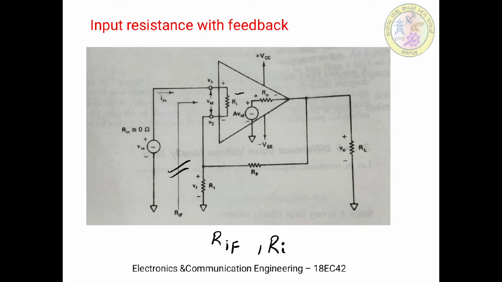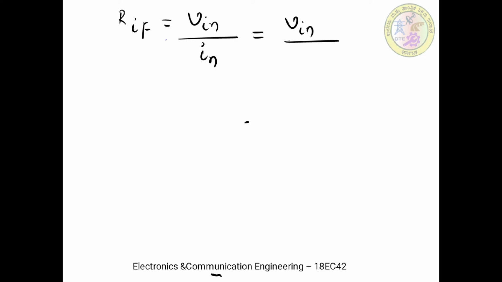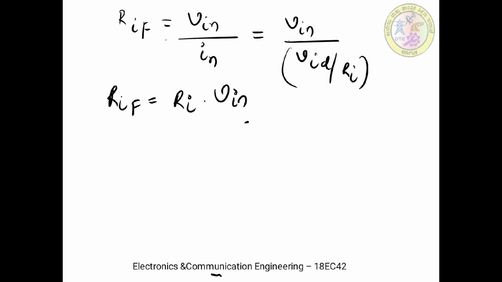So this I in is nothing but the ratio of VID by RI. This can be further written as RIF is equal to RI into V in by VID. Let us take this as equation 1.